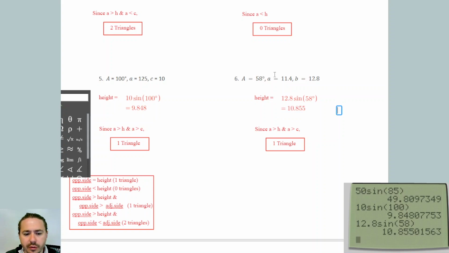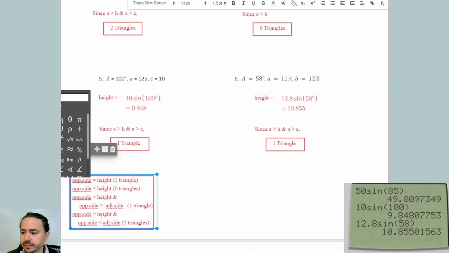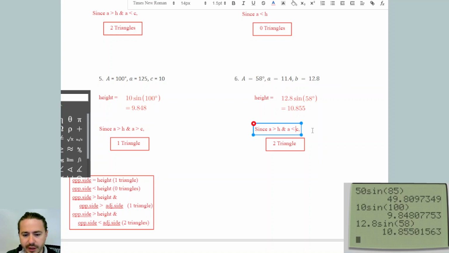So we have our opposite side is greater than the height, so it's either going to be this one or this one. Let's compare it to the other one. It's smaller than the B value, or that adjacent side. So that means we're going to get two triangles. Since A is less than B, we do get two triangles.